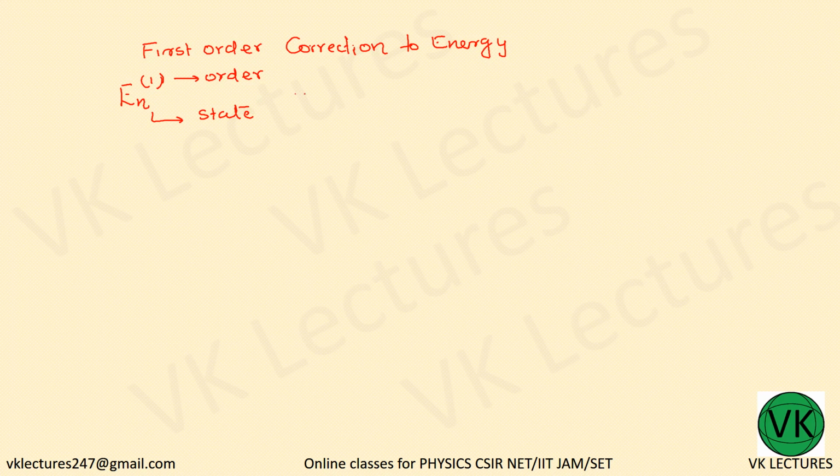Now this is given by ⟨ψn0|H'|ψn0⟩. Both are the initial states, and H' is the perturbed Hamiltonian. This is also simply the expectation value of H', or if I can represent the state n, ⟨n|H'|n⟩.